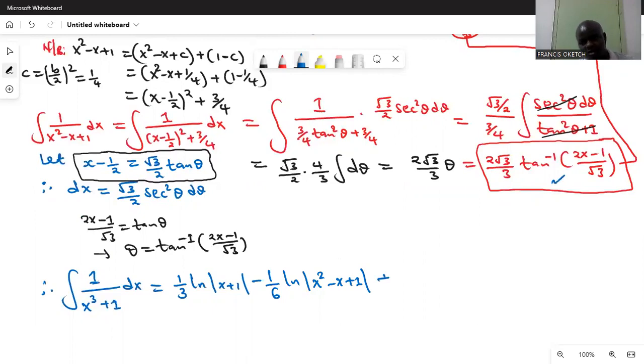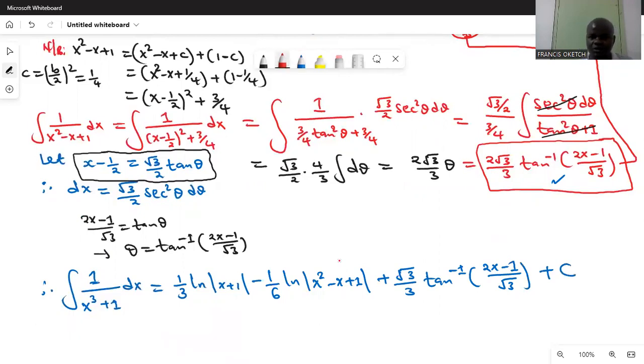So that will give us plus root 3 over 3 tan inverse of 2x minus 1 over root 3. Then there's a constant c of integration.